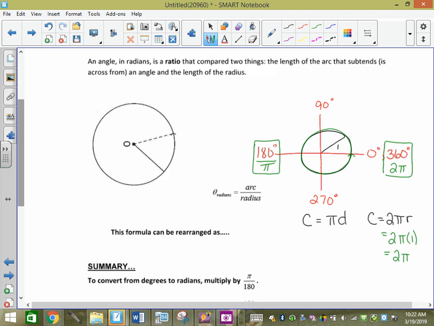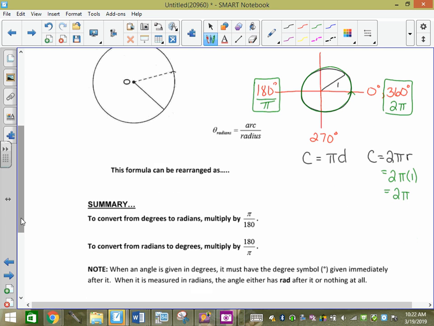Okay? So if we want to convert anything, we're going to use pi over 180, or we're going to use 180 over pi, depending on if we're going from degrees to radians, or from radians to degrees. Okay? So this is the key thing here. To convert from degrees to radians, pi's on top. So we say Dr. Pot. You're like, that's stupid. It doesn't matter. You will remember how to do it.